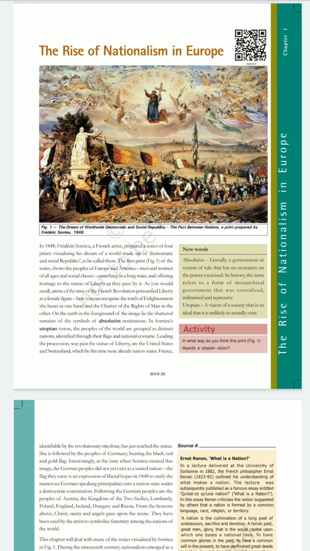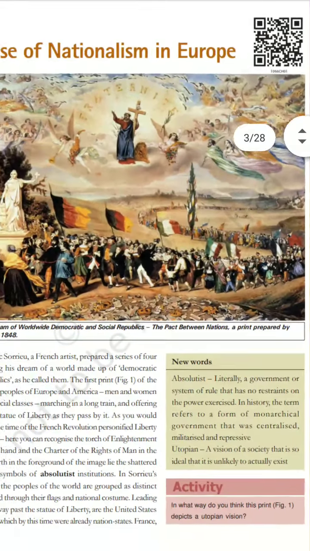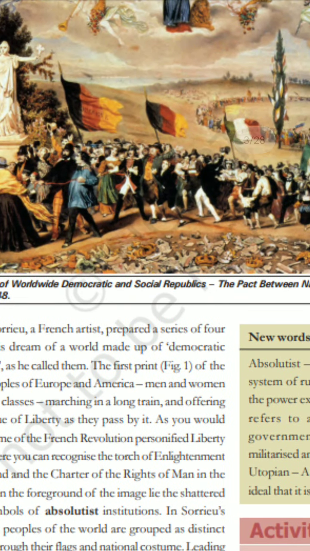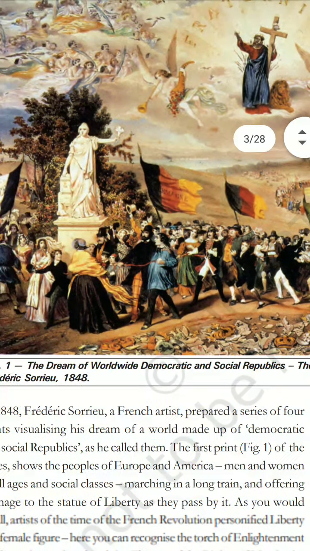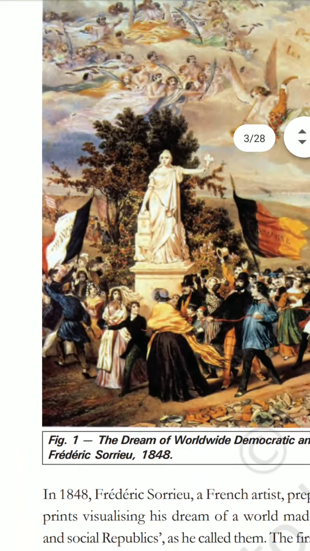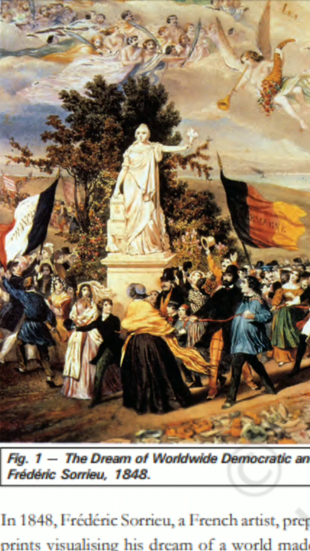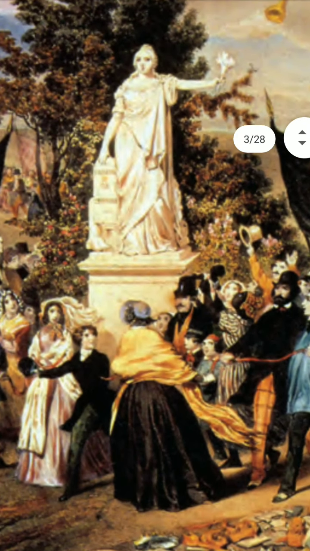If you look at the picture very carefully, you will find one statue of a female holding a torch in her left hand and a book in her right hand.